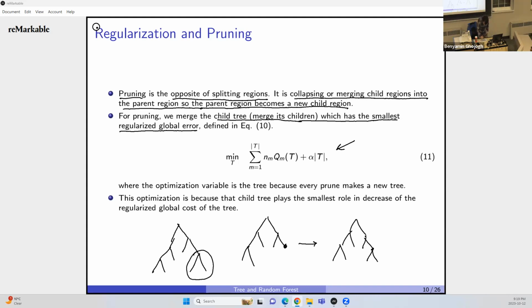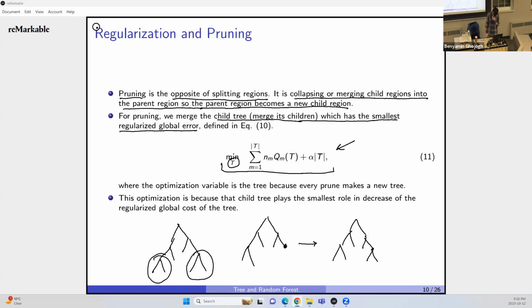But the problem is that I can merge these two. I can also merge these two. Which one do I merge? Which one do I prune? I don't want to increase the error too much. Prune the ones which increase the error the smallest. So I prune the two children which minimizes this global error.